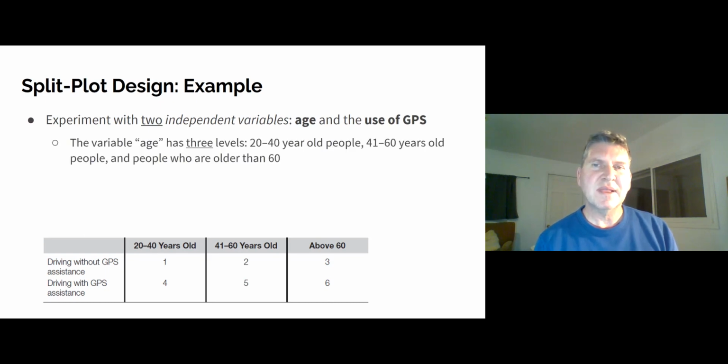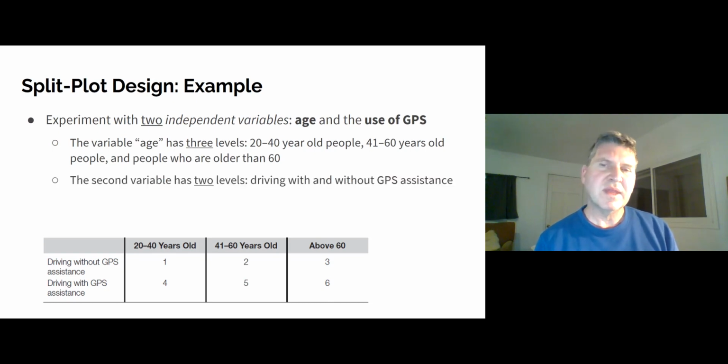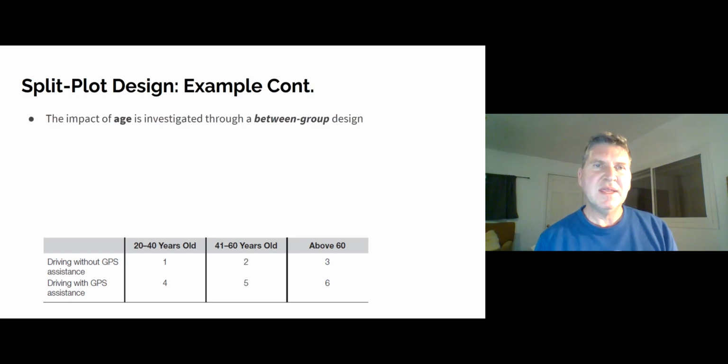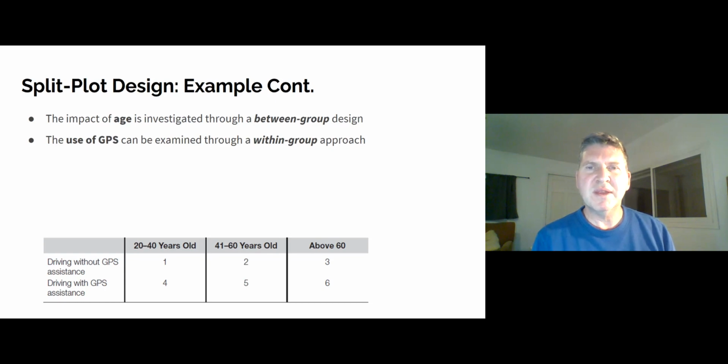The age has 3 levels, and the second variable has 2 levels, whether they have a GPS or whether we don't use it. As we may expect, we have 6 different conditions, and the impact of age is investigated between group design because we can't change a person's age, so it would not be possible to do a within group.